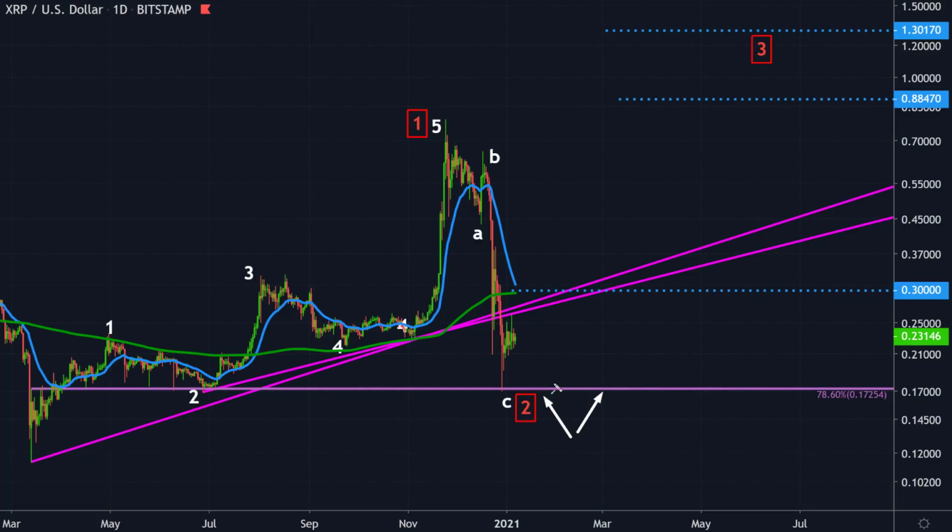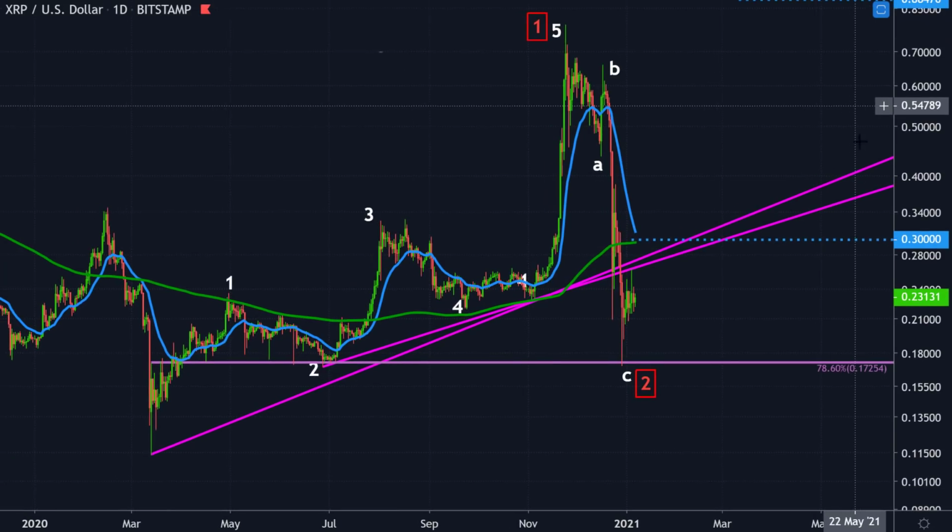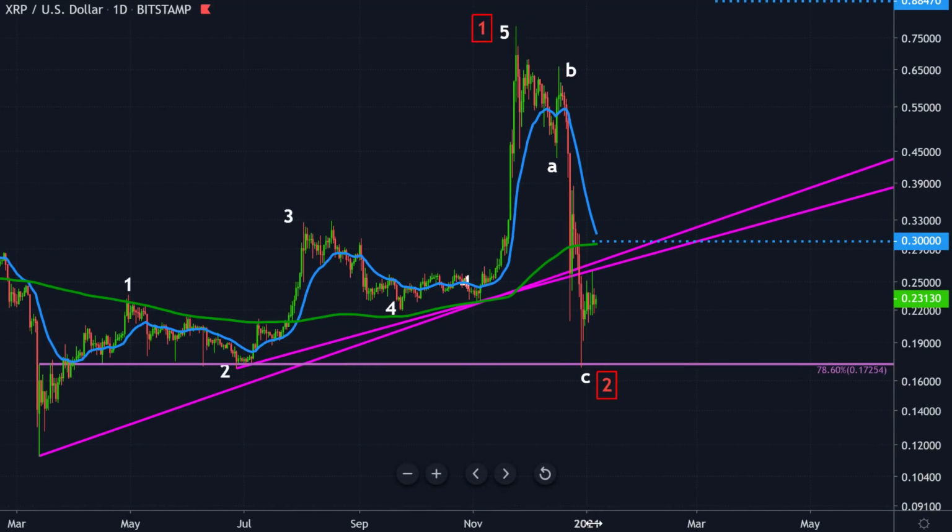Because as I mentioned before, guys, if XRP cannot respect that level in the next few weeks and months, let me just make sure I repeat this point. People say, why do you repeat this point? Well, because it needs to be repeated, because it's so important.